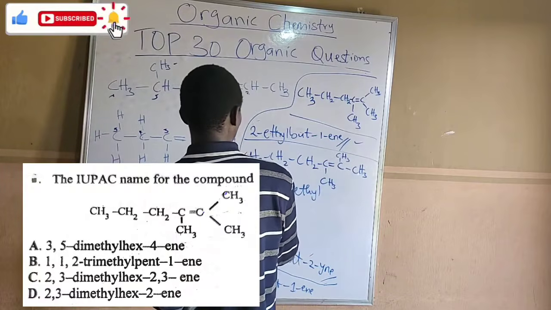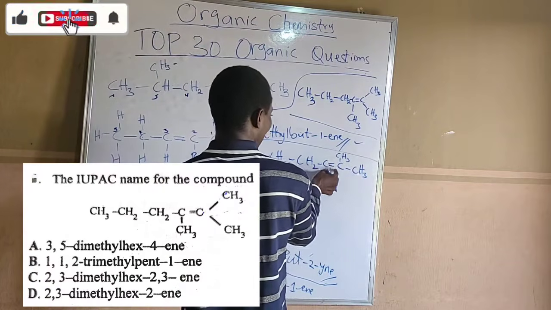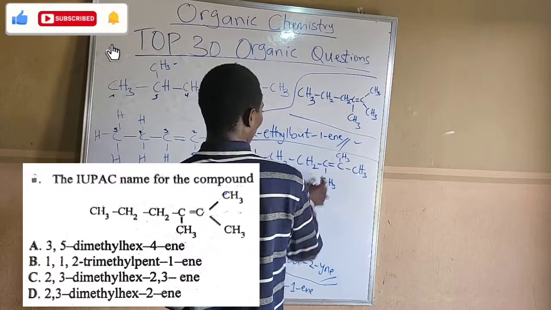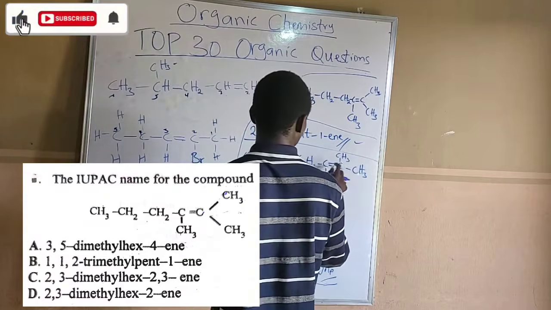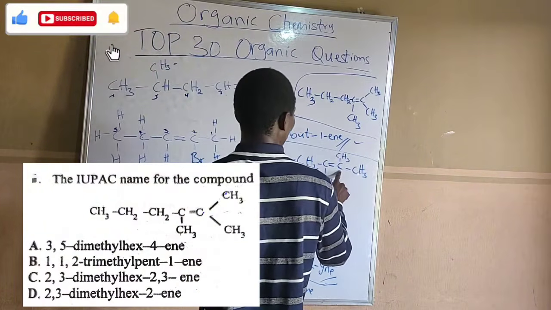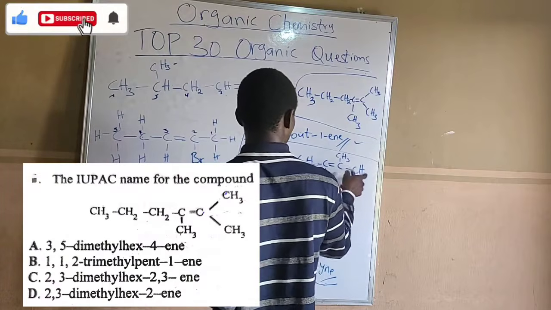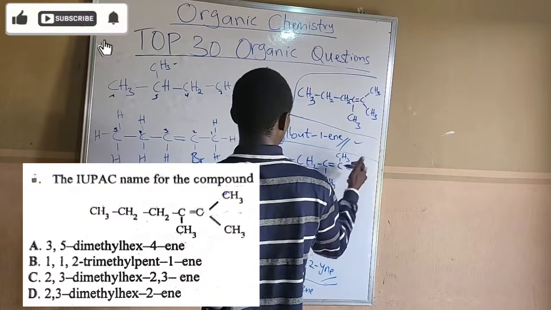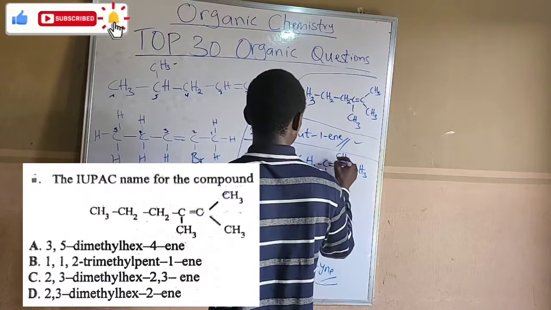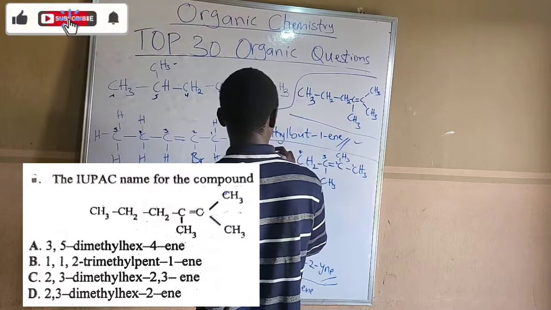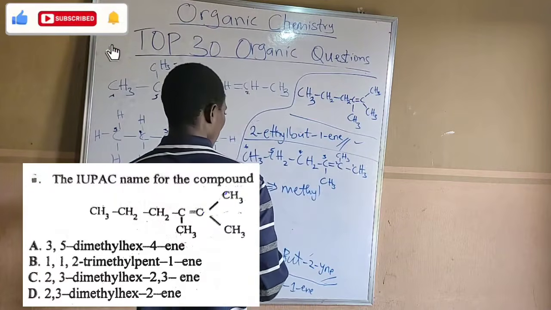If I come like this, carbon 1, 2, 3, 4, it is after 4 carbons before I get to this double bond. But what if I come like this, 1, 2? It is after the second carbon before I get to this. So this one is faster. I will pick this. So this will be carbon 1, 2, 3, 4, 5, 6.